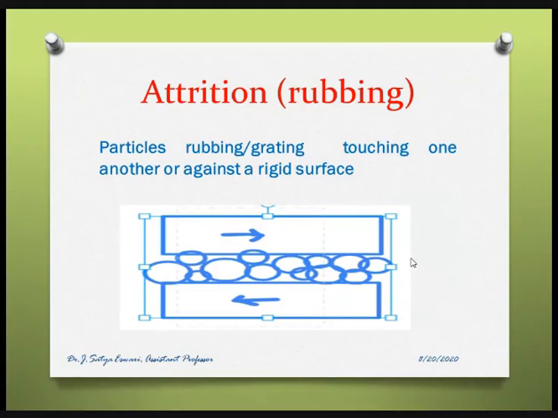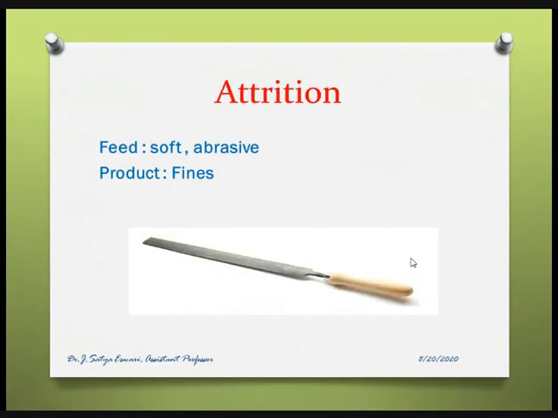Next one is attrition or rubbing. Particles rubbing or grating, touching one another against a rigid surface, is called attrition. It is not that we are applying pressure on both sides. It may be moving on this side, so rubbing is created and then the attrition is happening, so the particle size will be reduced.